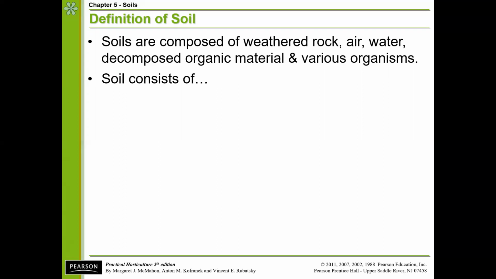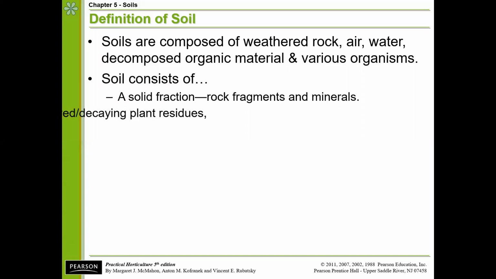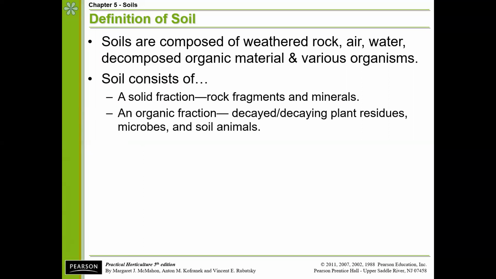And it consists of four main parts. We have the solid fraction of the soil, which is the actual rock itself and the minerals associated with it. So that parent material, as well as it breaking down, and sometimes you'll have big chunks of rock, sometimes you won't have any rock. But nonetheless, the soil came from that solid fraction, that rock itself.